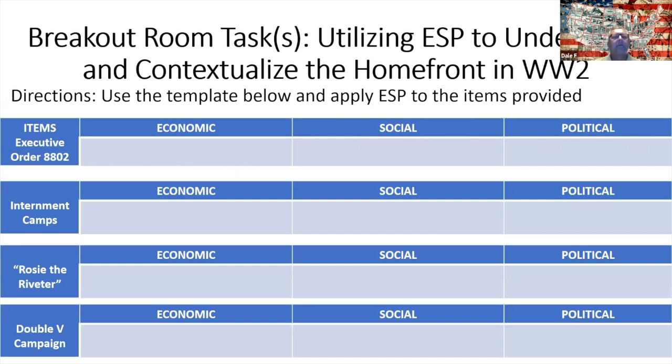So each group in your breakout room will be given a number of items, and it's very, very similar to what we just went through earlier. And among yourselves, what you want to do is to be able to identify what the item is, and then explain its economic, its social, and its political significance.